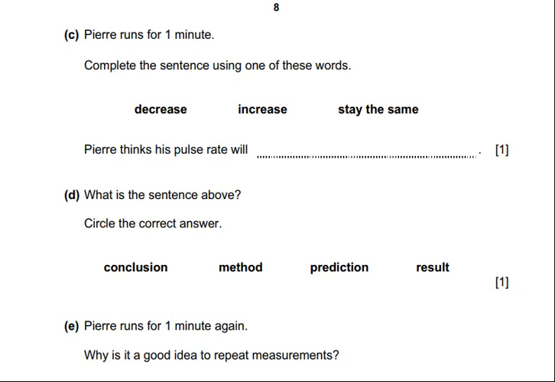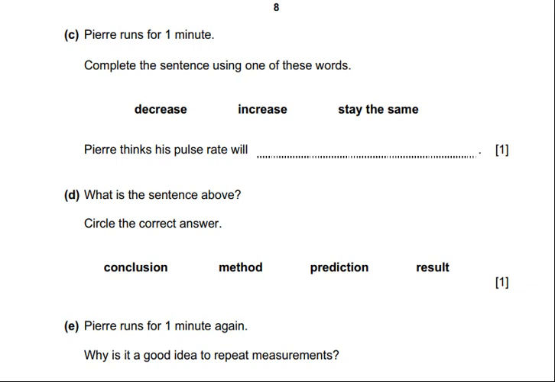Perry thinks his pulse rate will increase, of course, like running makes your heart beat faster. This means that your pulse rate will increase. D. What is the sentence above? Circle the correct answer. Conclusion, method, prediction, result.